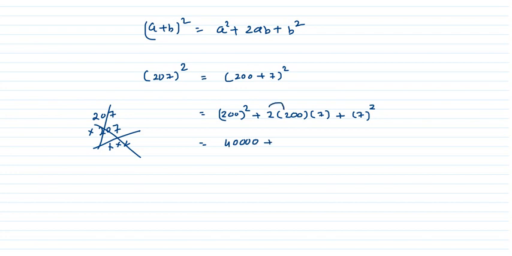Okay, 2 2s are 4, 4 7s are 28, 2800 plus 40, 7 7s are 49, 7 square is 49. So here you can do the addition. See, simple addition is required. You can do it directly also, but don't take any chance, because every step, every mark is very valuable.